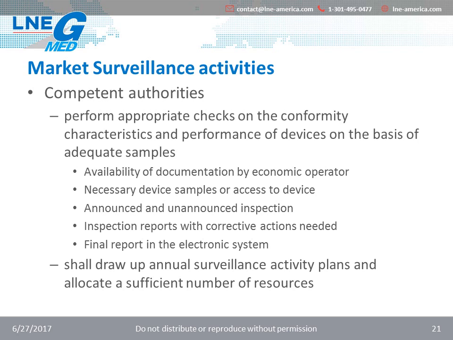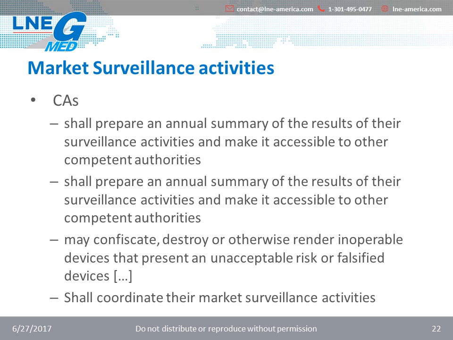This section describes the market surveillance activities to be covered by the competent authorities, and this includes performing appropriate checks on the conformity characteristics and performance of devices on the basis of adequate samples, drawing up an annual surveillance activity plan and allocating a sufficient number of resources, but also preparing an annual summary of the results of their surveillance activities and making it accessible to other competent authorities.